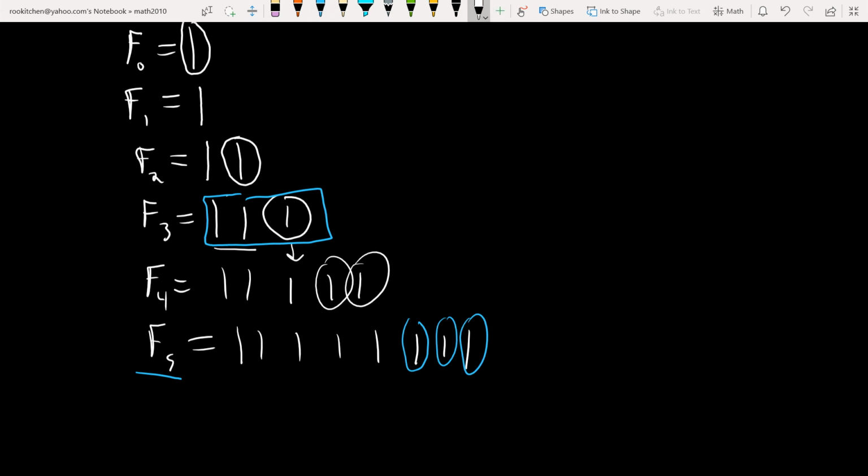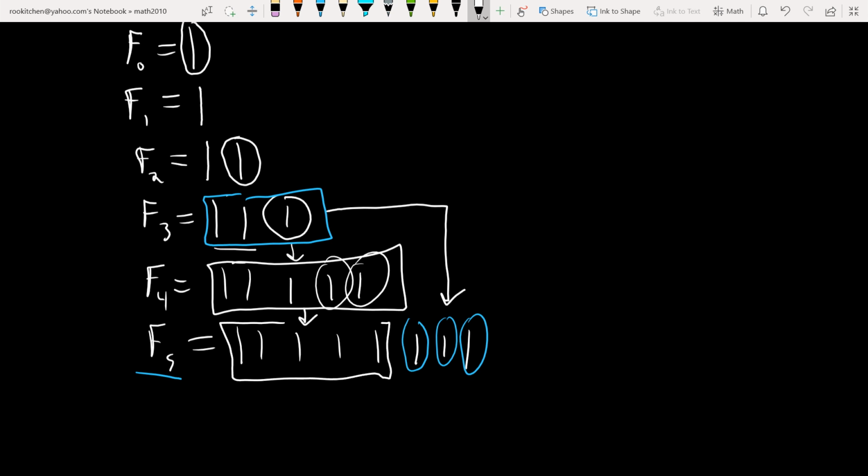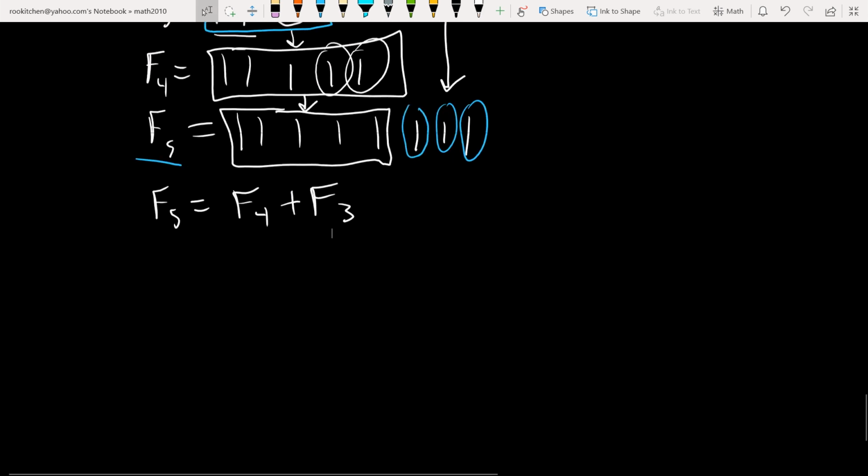So to figure out f sub 5, what's happening? The 3 from 2 before are going to be able to give birth to these 3 here, and then you're still going to be left with the f sub 4 set, which will give you these here. So f sub 5 is basically f sub 4 plus f sub 3, and it turns out that's the pattern.